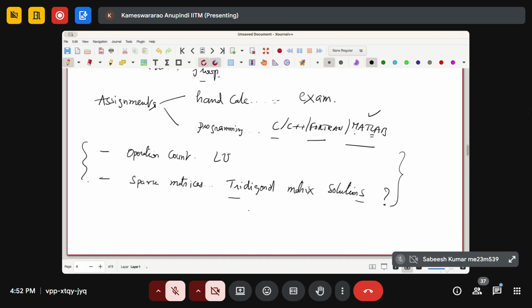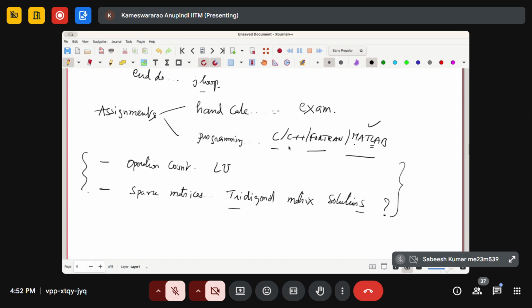MATLAB is very powerful, so you can actually solve all these things. For example, if you say LU decomposition, MATLAB can do it for you. If you say inverse of a matrix, it will do it for you. But the idea is that you will write these algorithms that we are learning, and then solve according to that algorithm. MATLAB might be using a different algorithm.